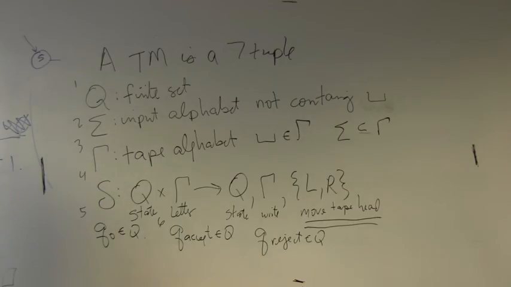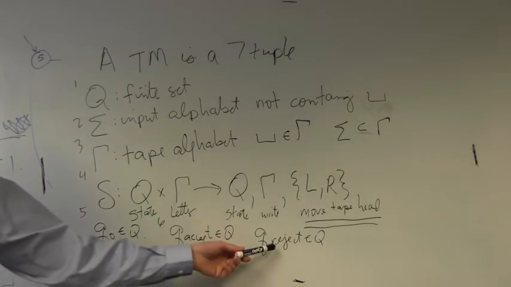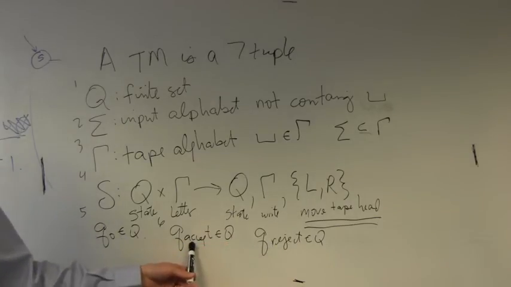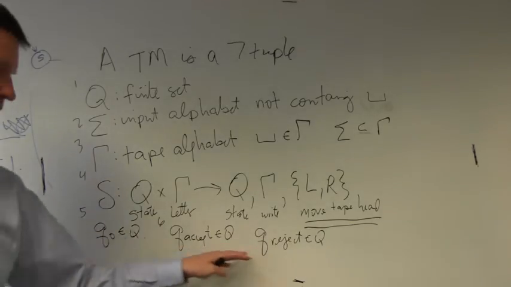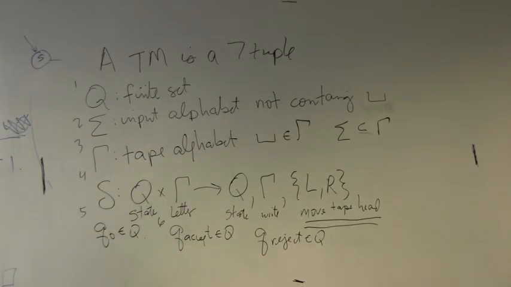But in a Turing machine, it's helpful to define a rejection state and an acceptance state. And so we do that right here. Okay, so that's the basic definition of a Turing machine. This is the 7th element.